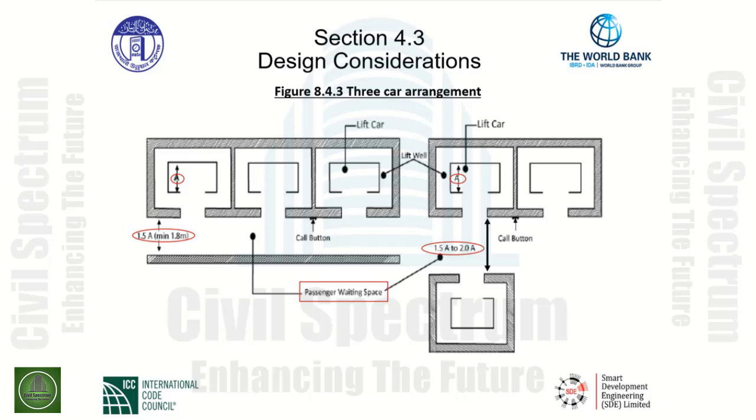The arrangement to the right, the distance between lifts, as shown, is 1.5 times the depth of the car to 2 times the depth of the car. This is the minimum that can possibly be for the 3-car arrangement.